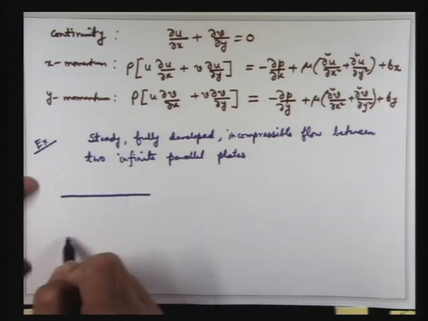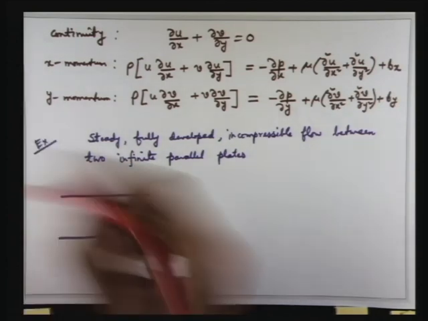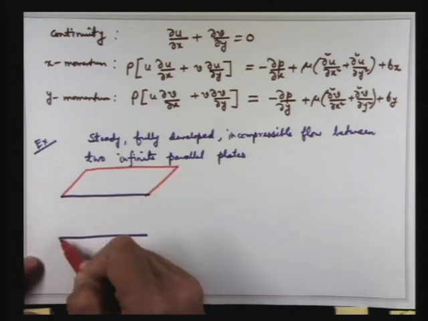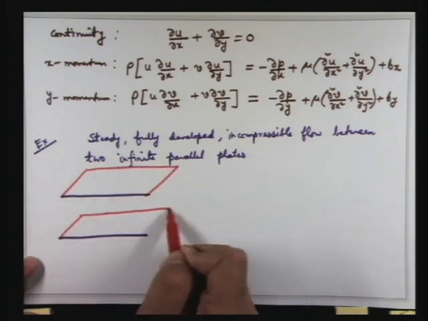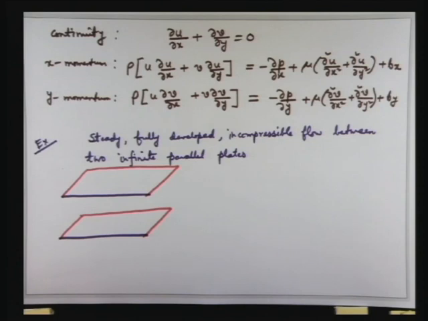you have two plates which are parallel to each other, and these plates have some width. How can we consider these plates to be of infinite width?